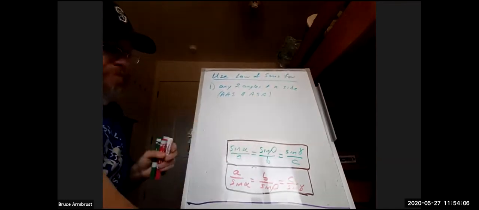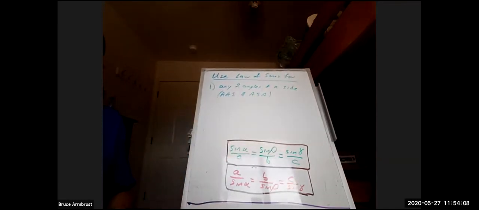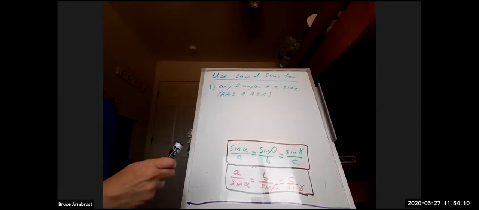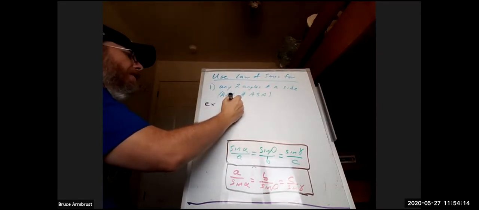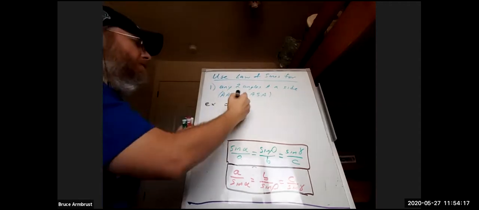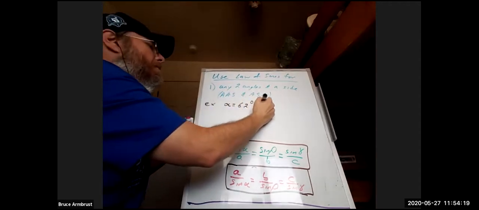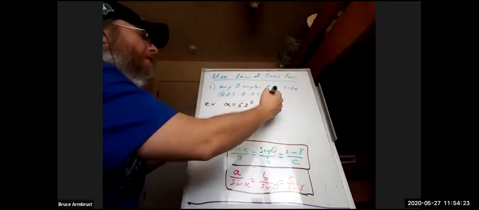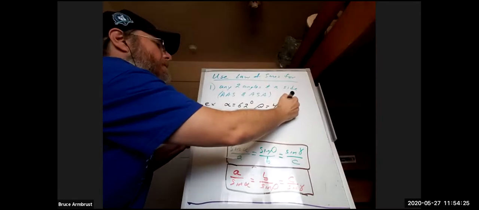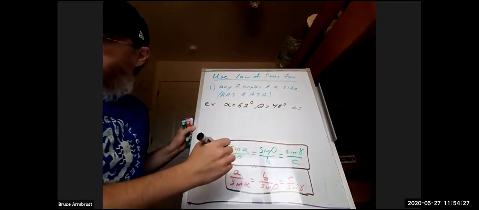All right. Well, let me give you an example of one. Let's see if we can actually solve this guy. So let's say that I give you that alpha is equal to 62 degrees, beta is equal to 48 degrees, and C is equal to 52.